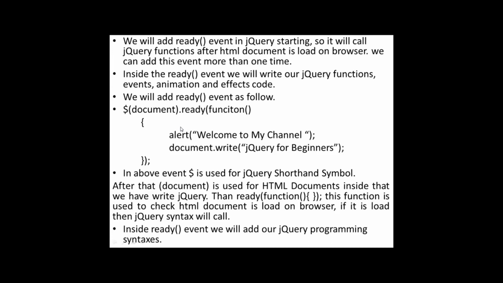So we can say that the function keyword is used to manage or handle any jQuery events. In the next syntaxes we will write different events, and inside those events we define the same function keyword to handle events.